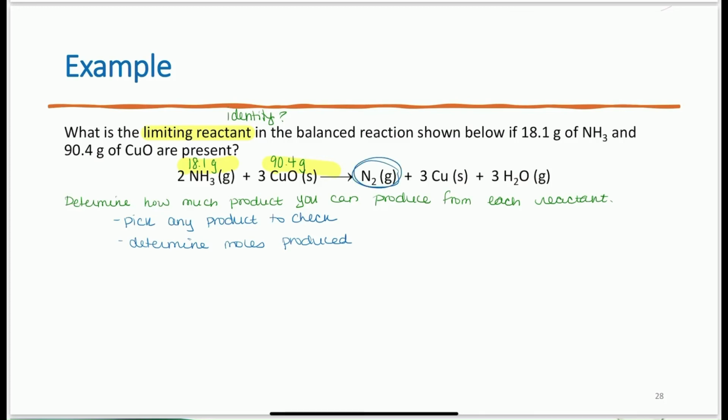So let's say, how many moles of N2 can I produce if I completely consume 18.1 grams of ammonia? Convert this to moles.